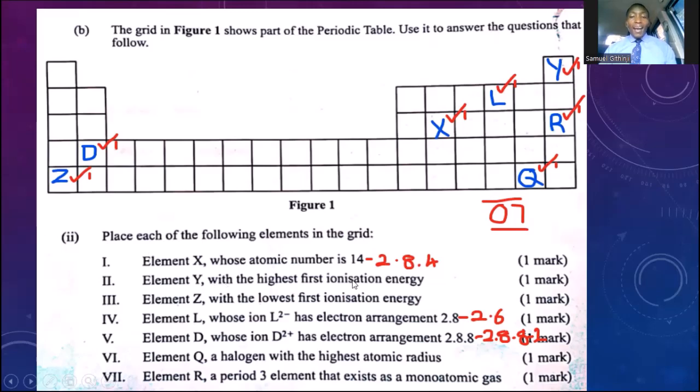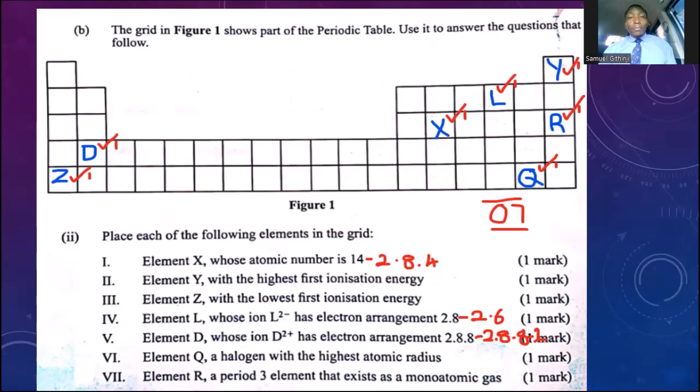Go to element Y, with the highest ionization energy. This one, I think more than 80% of the students did not score. Why is that? Maybe we are used to ionization energy being considered for group 1. But remember, all elements can lose electrons. Because what is ionization energy? Energy required to remove the outermost electron of an atom.